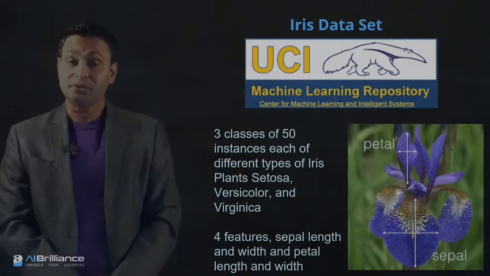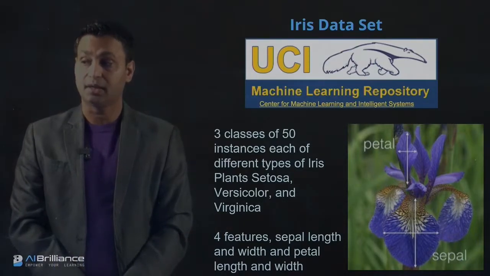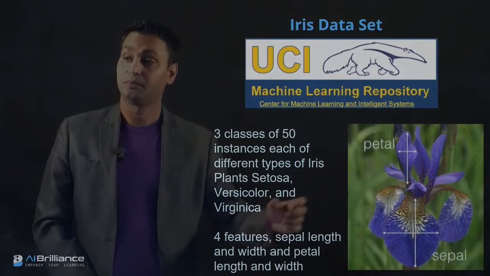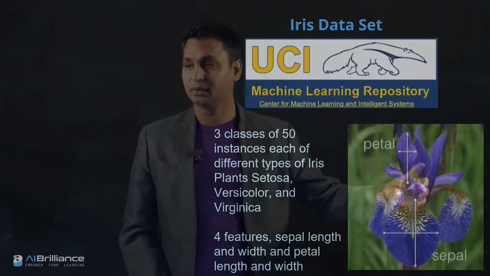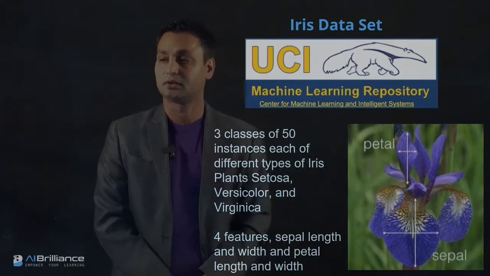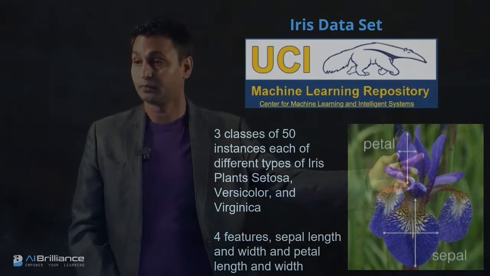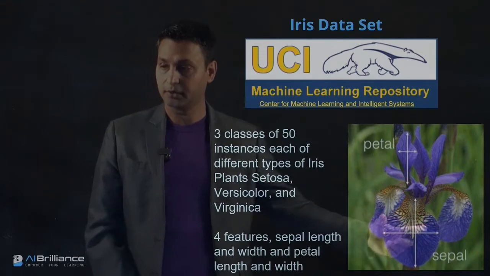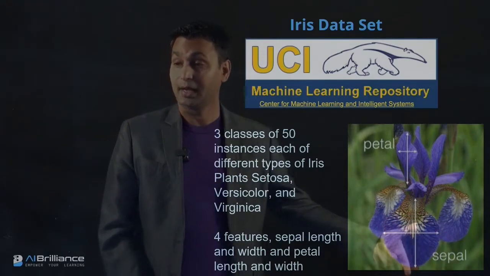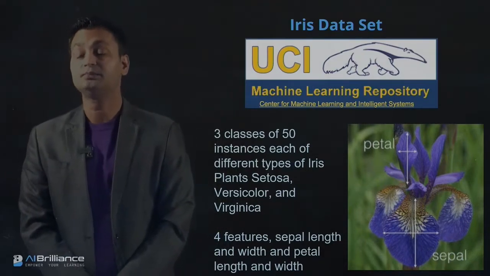Now, with respect to each of these classes, the features in this dataset are the petal and sepal dimensions. For the petal dimension, the two features stored are the petal width and the petal length. Similarly, for each flower category, sepal width and sepal length are the additional two features in the overall dataset.